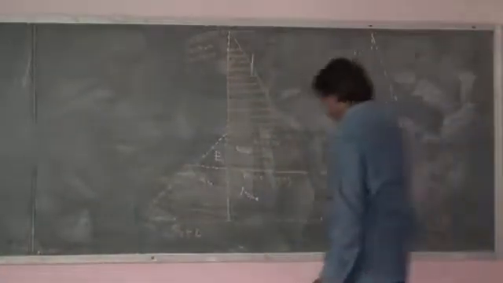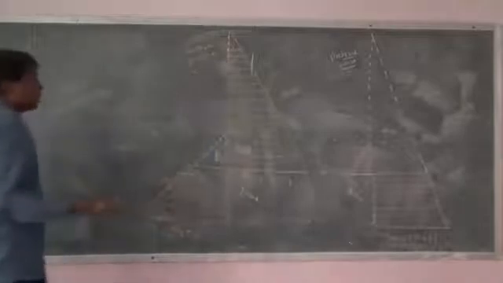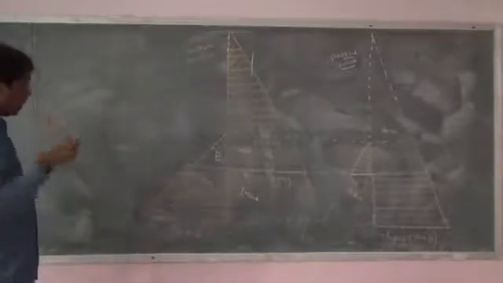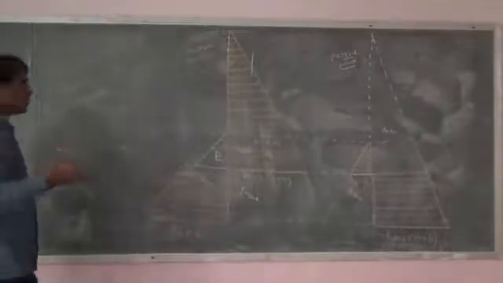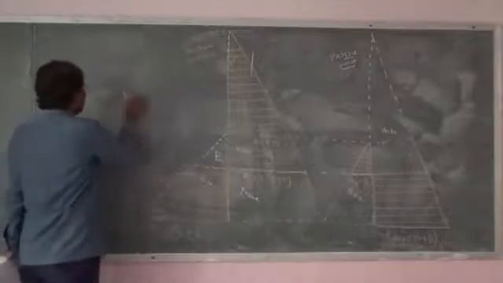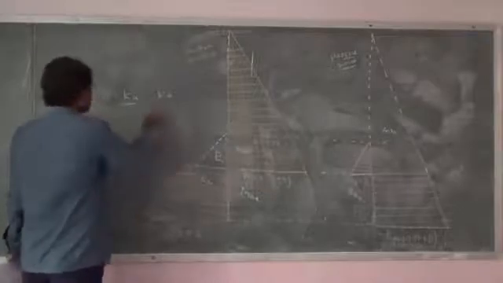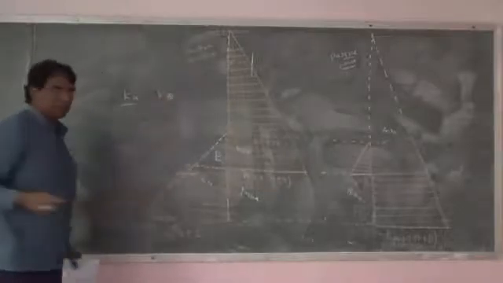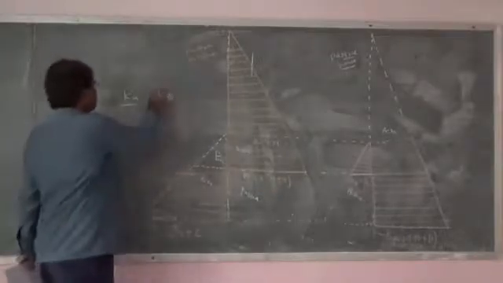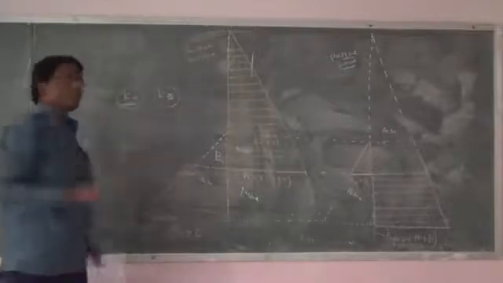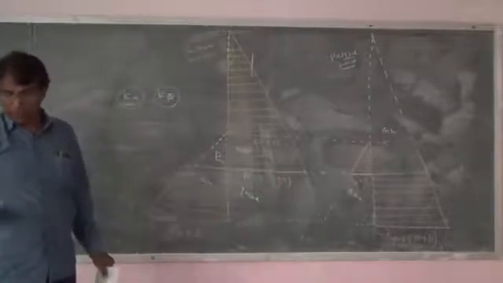You see here, when I take net pressure diagrams, before that I will tell you one thing. Ka and Kp, you know, coefficients of earth pressure. This is for active, this is for passive. See, value of Kp is always far greater than Ka. This you should remember.